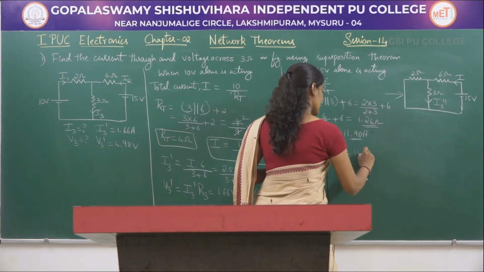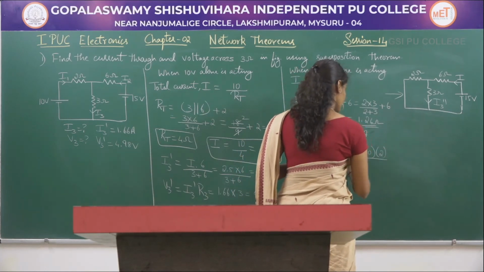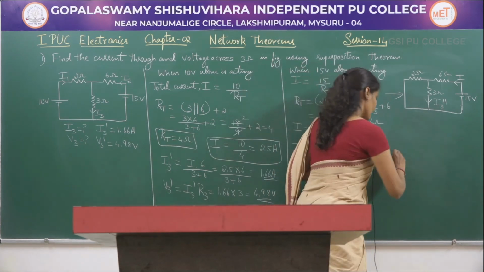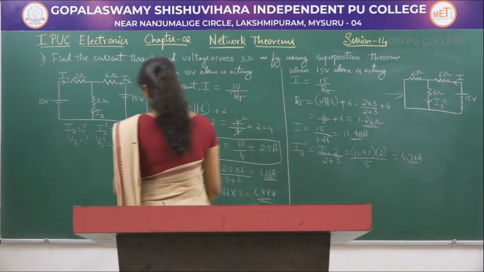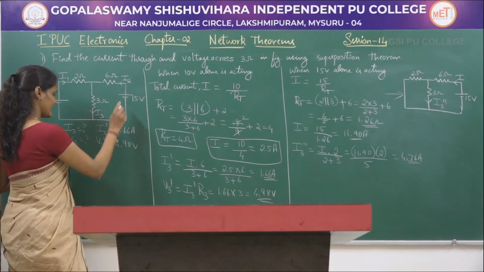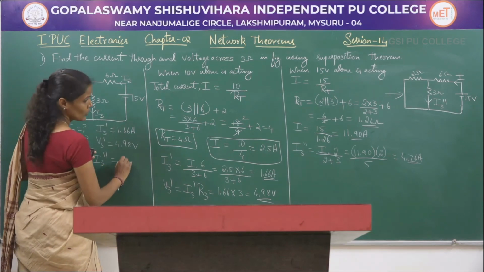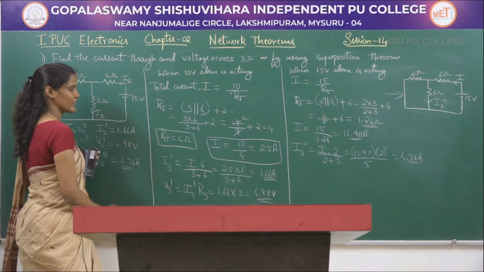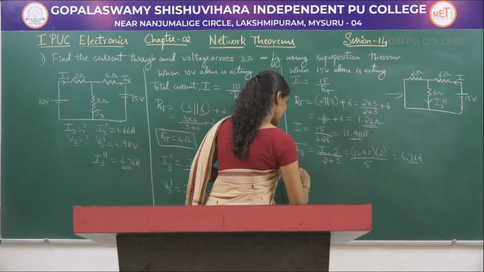So 11.90 into 2 divided by 2 plus 3, which is 5, gives me 4.76 amps. So the current flowing through the 3 ohm resistor when the second source is considered, let me denote it as I3 double dash, is equal to 4.76 amps. Clear?